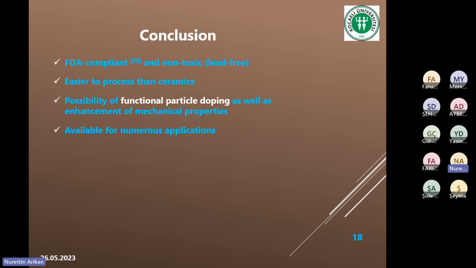For more than 5 years, it has been discussed to shift to lead-free piezoelectric ceramics. And here PVDF is much more advantageous since it's both lead-free and much easier to process than ceramics. It's also possible, as I mentioned before, to dope PVDF with piezoceramic particles or other particles, even pure sea salt, to increase its piezoelectric constant.